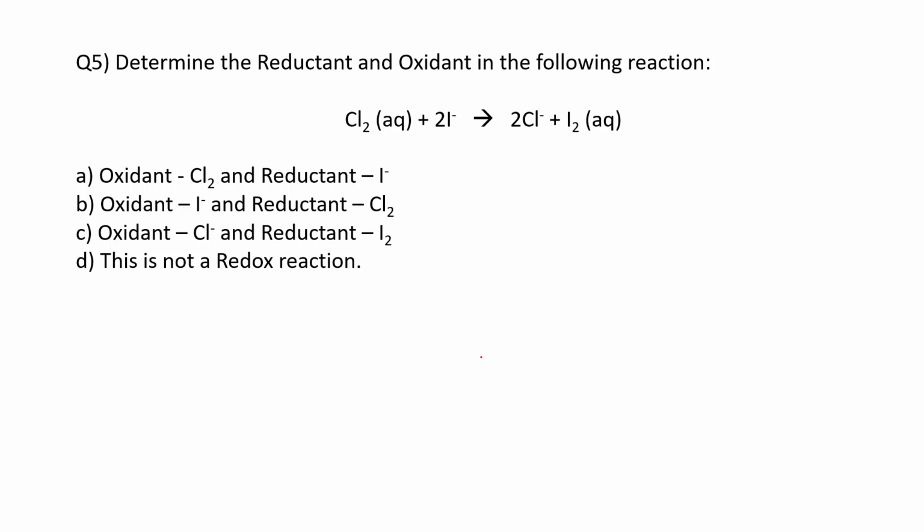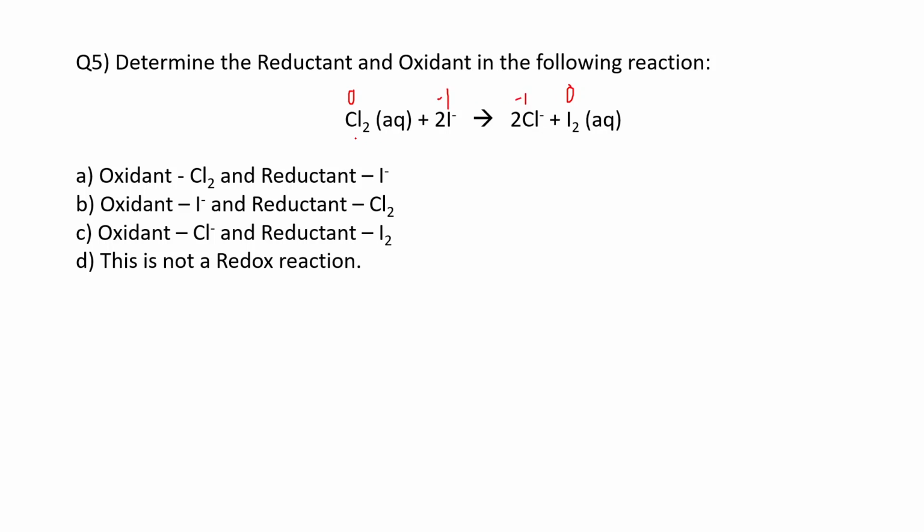So calculate the oxidation states so that you can determine the reductant or oxidant. So here the charge on chlorine is 0, and here it's -1, here it's -1, and here it's 0. -1, -1.